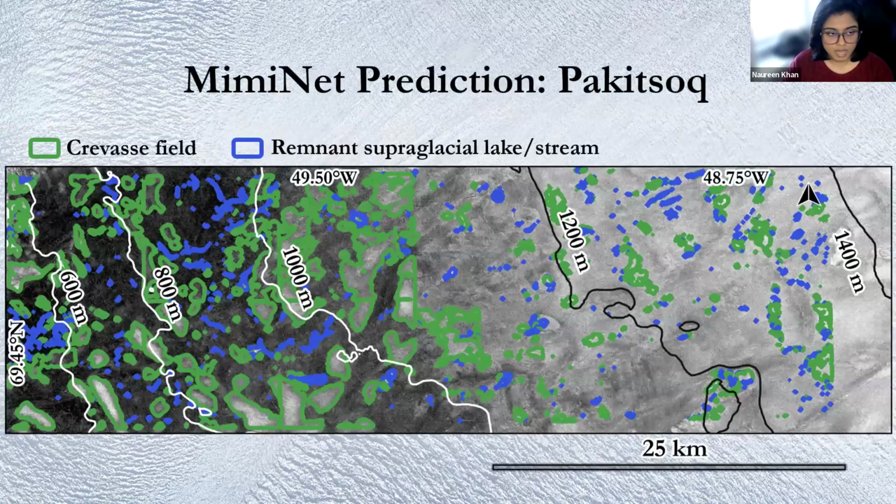Using that, we get predictions for Pakitsoq. Over here, we have Sentinel-1 imagery underneath, and overlaying it are the predictions from MimiNet, where the green polygons show crevasse fields and the blues show any remnant meltwater features.